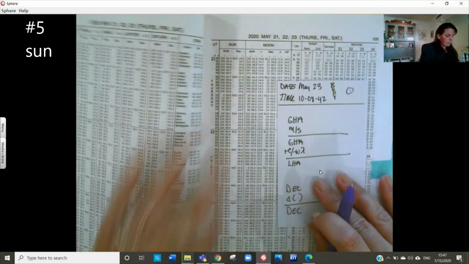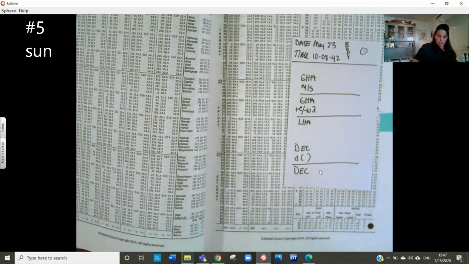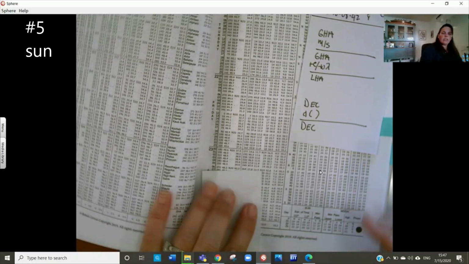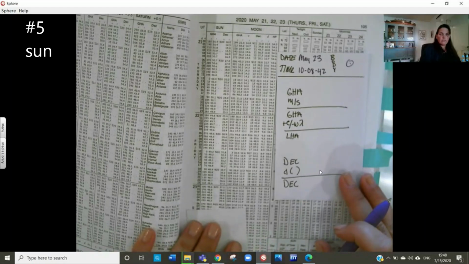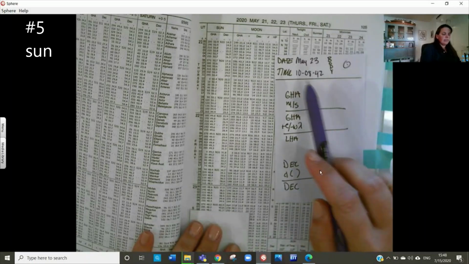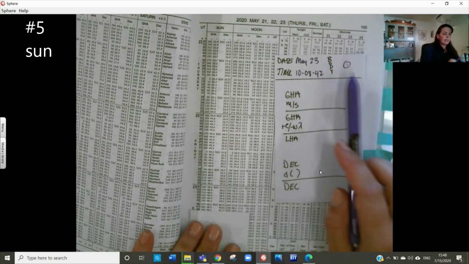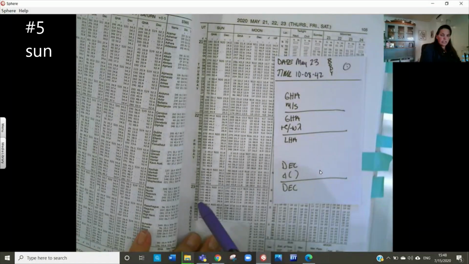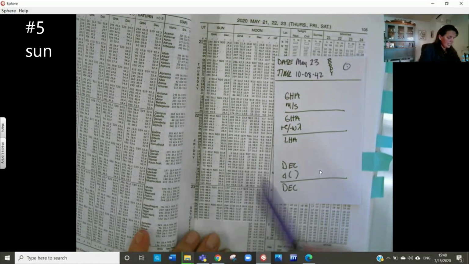I'm on May 23rd. We have a time of 10:08:42, and we are observing the sun. Here's our site reduction form, so we're just going to plug in our information. We have the 23rd at the bottom, and we're looking for the sun at 10.